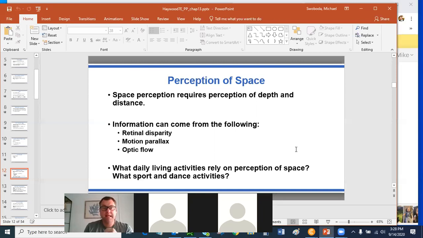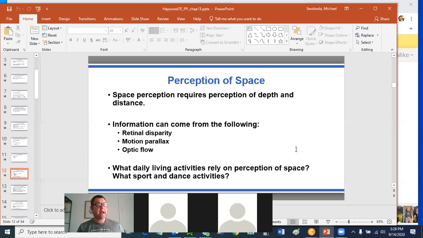But even something like swinging a golf club, if I know that my ball's 100 yards to the green, that's a known distance. However, if I don't have proper depth perception, how likely am I to be able to hit the ball squarely? Same thing with baseball or softball hitters.